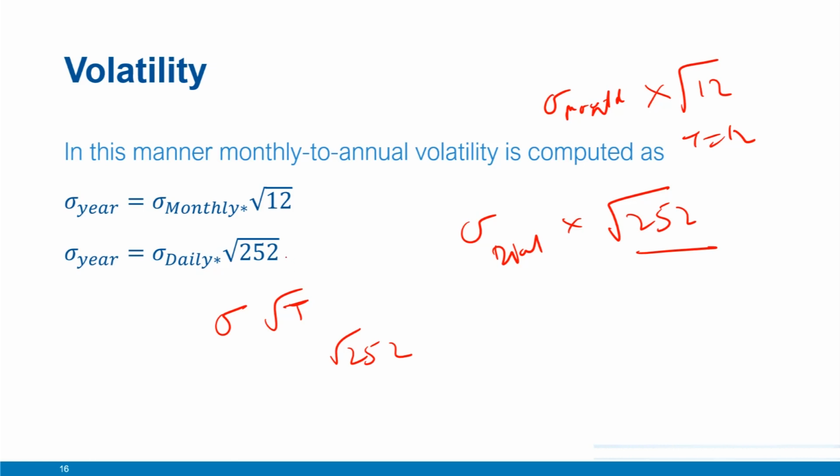However, this result is given by a simple assumption that returns are IID, that is, identically and independently distributed, meaning there is no serial correlation in returns from period to period, and also the distribution of returns remains the same, which means the standard deviation is the same at some level sigma, which does not change from period to period. However, this seems to be a slightly difficult assumption to sustain.